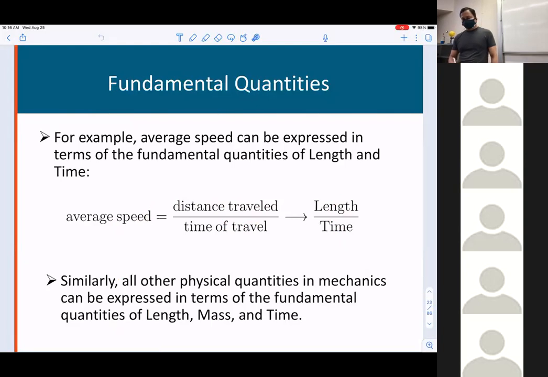Any questions on that? Similarly, all other physical quantities in mechanics can be expressed in terms of length, mass, and time. Another way of saying this is that the units of things like speed, force, energy, etc., will always be some combination of units of length, mass, and time. So meters, seconds, kilograms, for example.